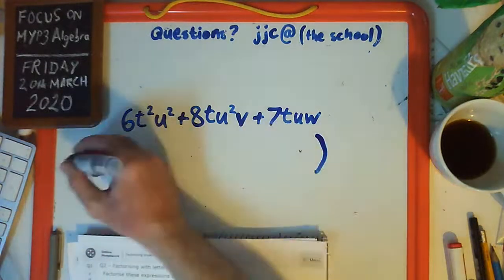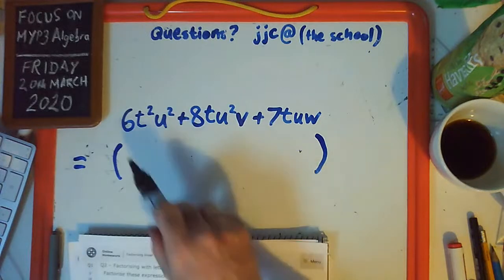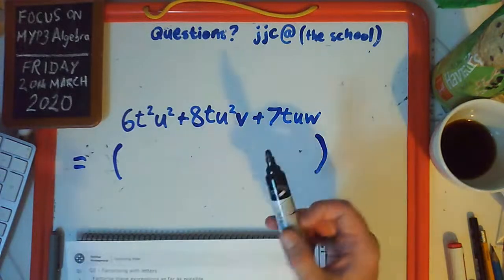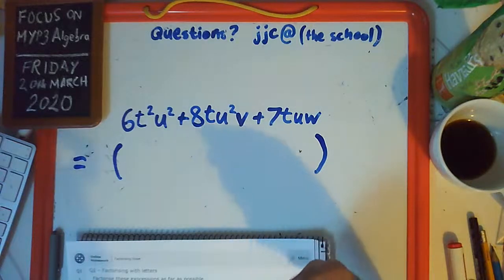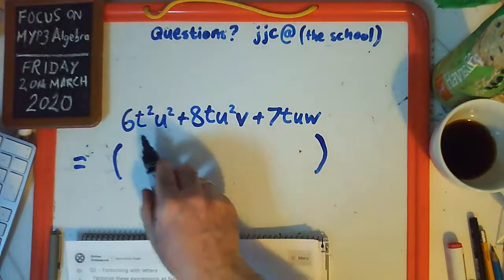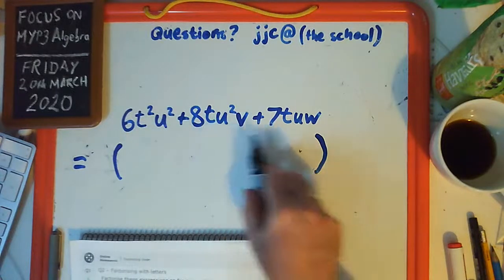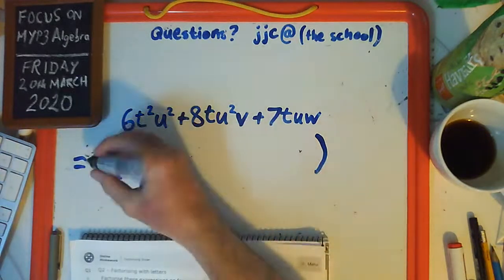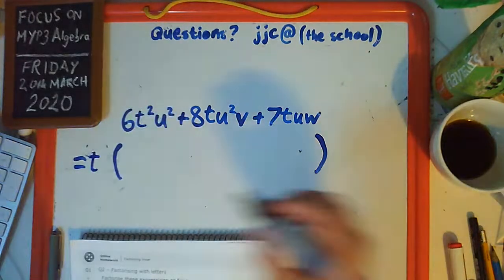So that's equal to, okay, so 6, 8, and 7 haven't got any common factors, so we can't divide by any numbers. All of these have got at least one t in them. So that's got t squared, that's got a t, that's got a t. So we can certainly take a t outside the brackets.